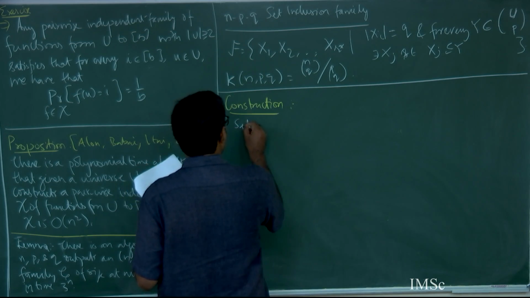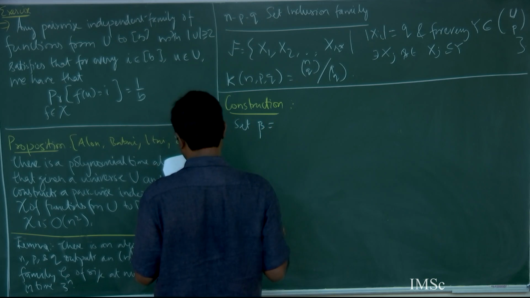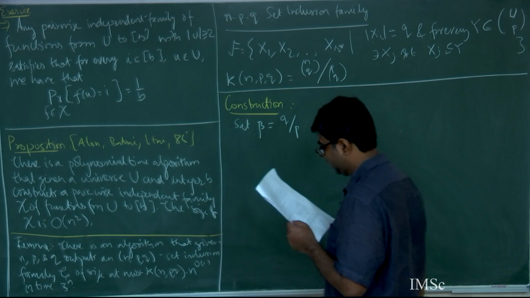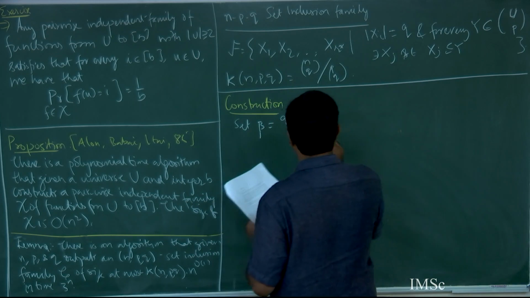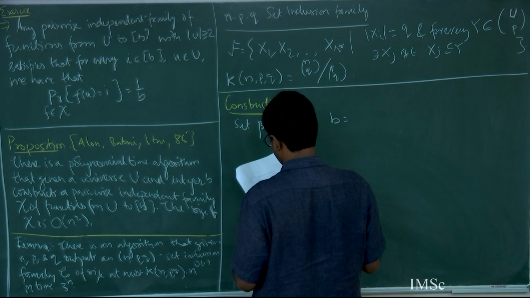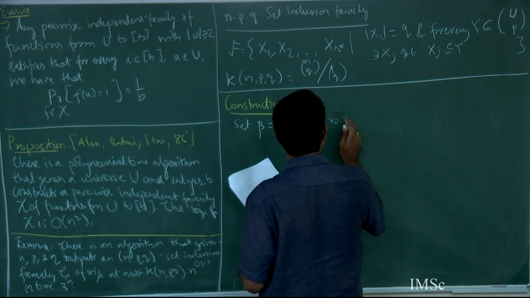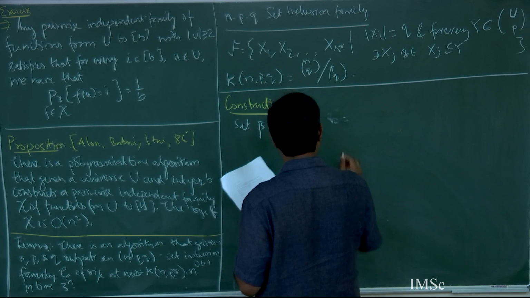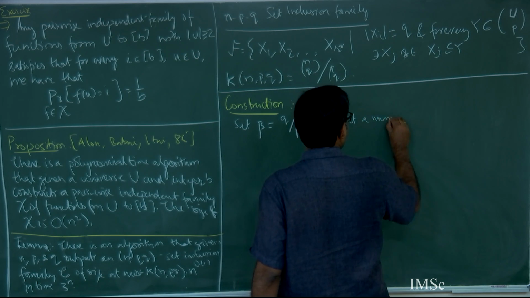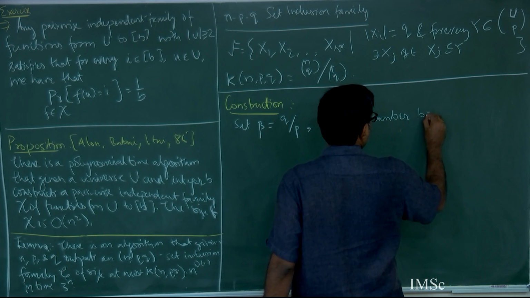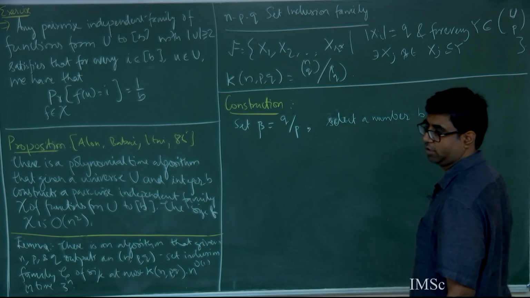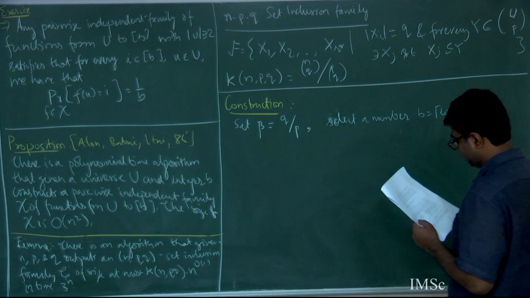Okay. Set beta equal to q by p. Select a number of buckets B equal to order log n.